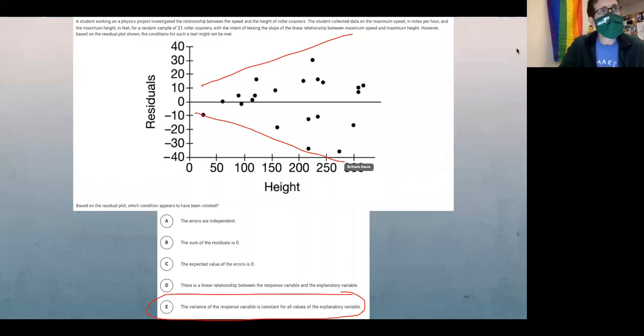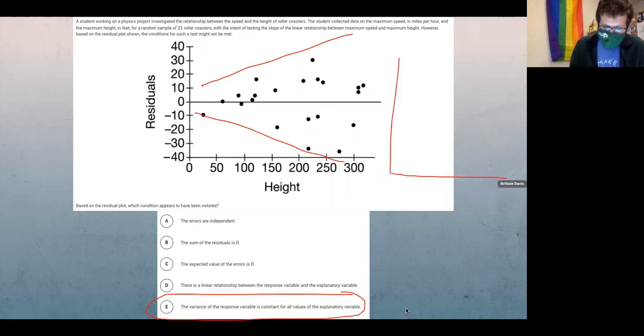So this, we would just say, oh, it doesn't have equal variance. But the condition that we're looking for is that there is equal variance the entire length of the scatter plot. But what is violated is this condition that should be met. The variance of the response variable is constant for all values of the explanatory variable. This might not immediately make sense as though it's talking about the same thing, but remember your explanatory variable is your x value.